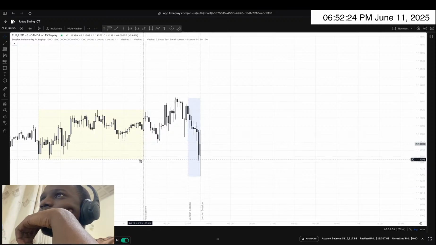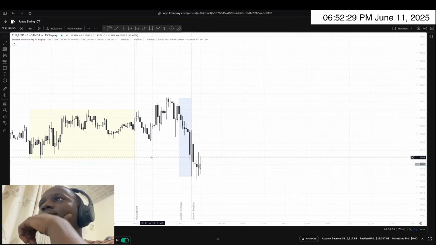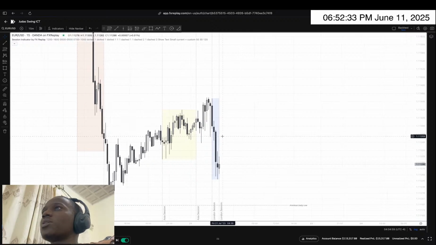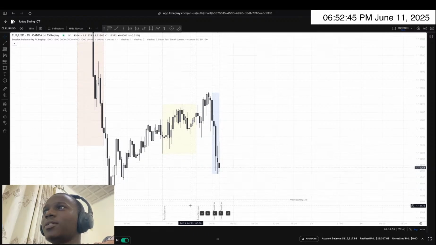We also take out the Asian lows today. So what does the 15 minute look like? We're having some wicks and wicks. We retraced into this fair value gap by a bit, as you can see right there. Maybe it might expand into this daily low.